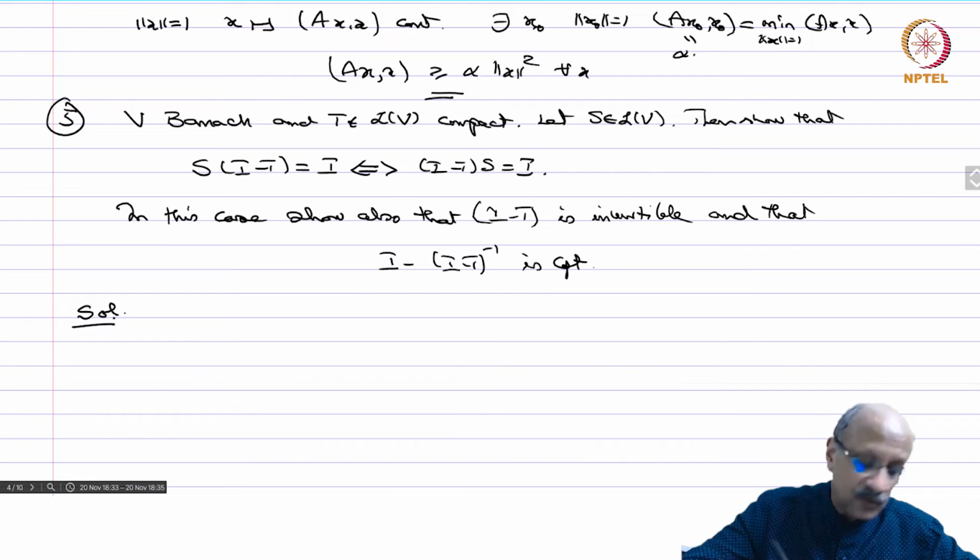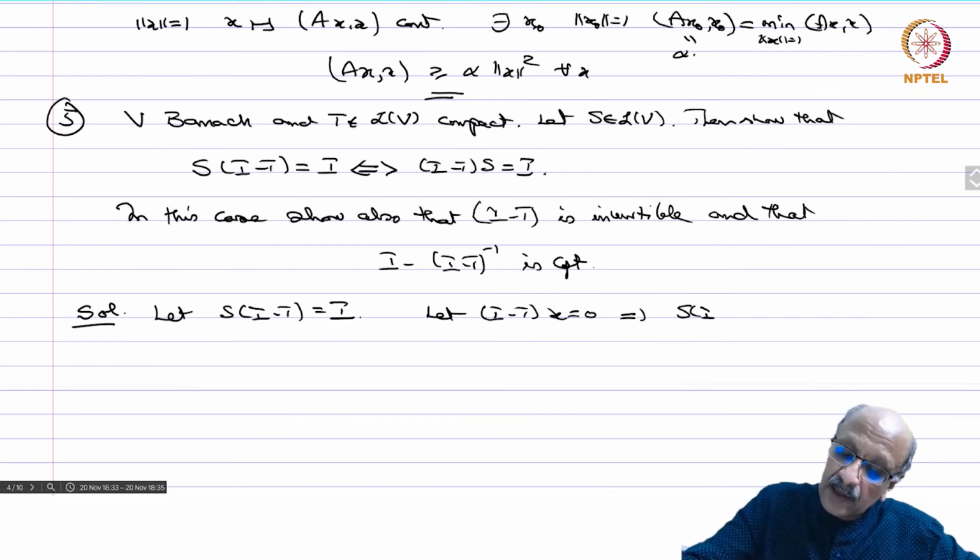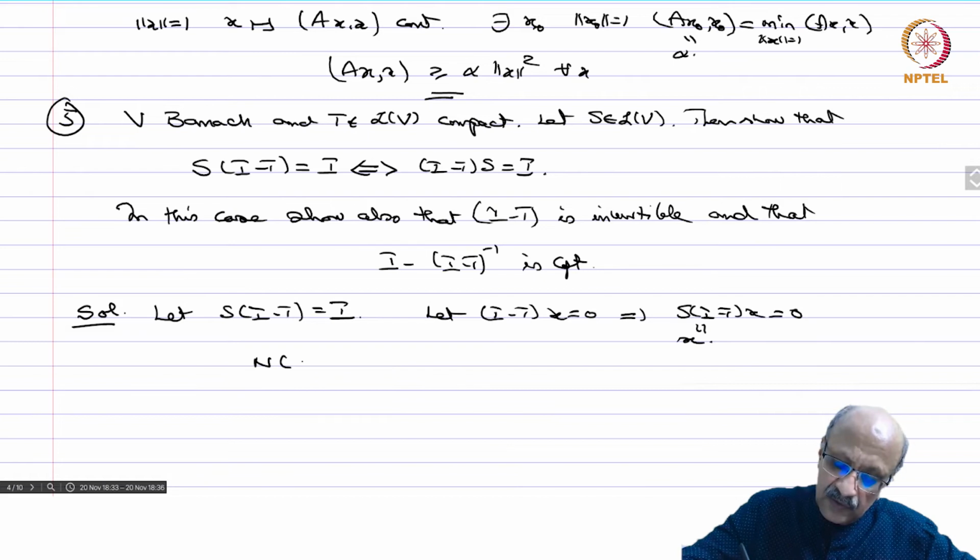So, solution. Let S(I minus T) equal identity, and assume that (I minus T)x equals 0. This implies S(I minus T)x is also equal to 0, but this is equal to x, and therefore the null space of I minus T is the singleton 0.